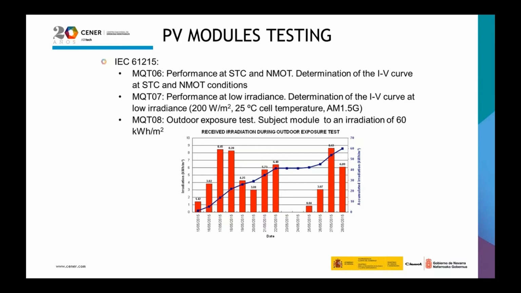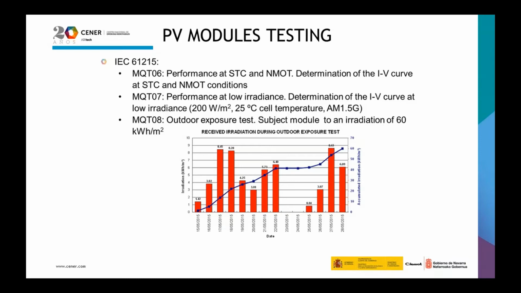Then we have to perform also the MQT07, which is the performance of the module at low irradiance. That is 200 watts per square meter, 25 degrees centigrade of cell temperature, and the light spectral distribution according to the spectrum AM 1.5 global.